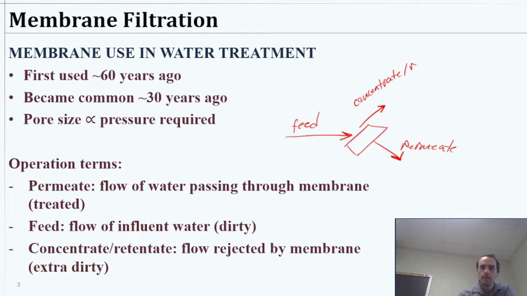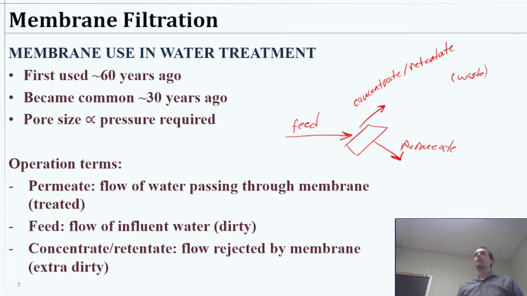This is the flow that contains whatever particles were separated. So if the flow goes to the membrane and some water makes it through, we oftentimes like to have a little bit of flow going away just to the side to carry all the particles that were removed away from the membrane. So we automatically get sort of a waste flow. Typically it's waste.